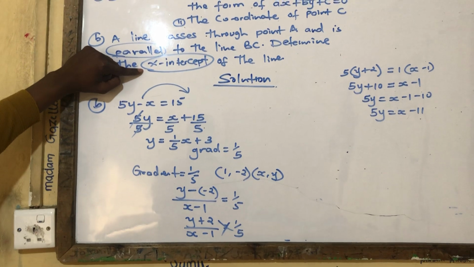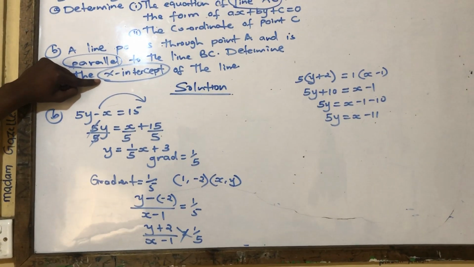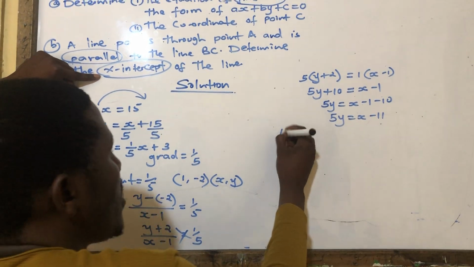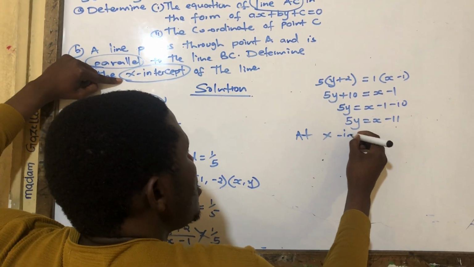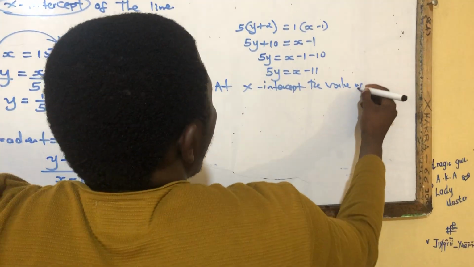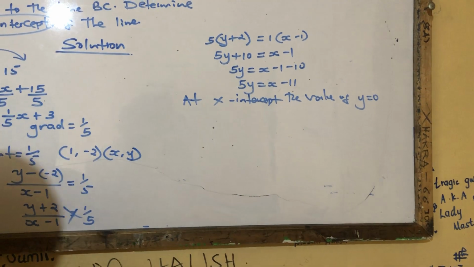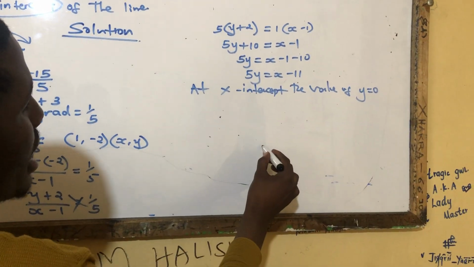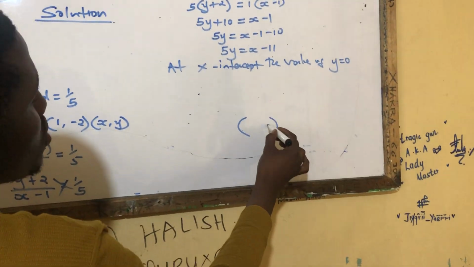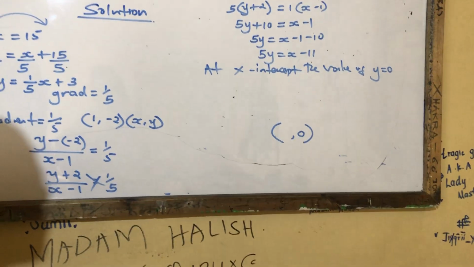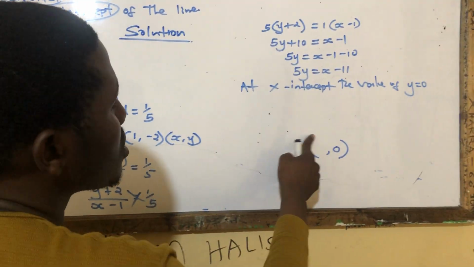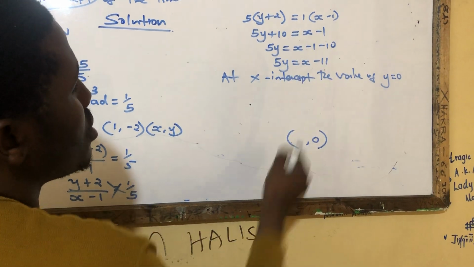We already know that at the x-intercept, the value of y will always be equal to 0. So as I begin the journey of looking for the x-intercept, there is one thing I already know. The y coordinate should be 0. So we are only looking for the x coordinate.